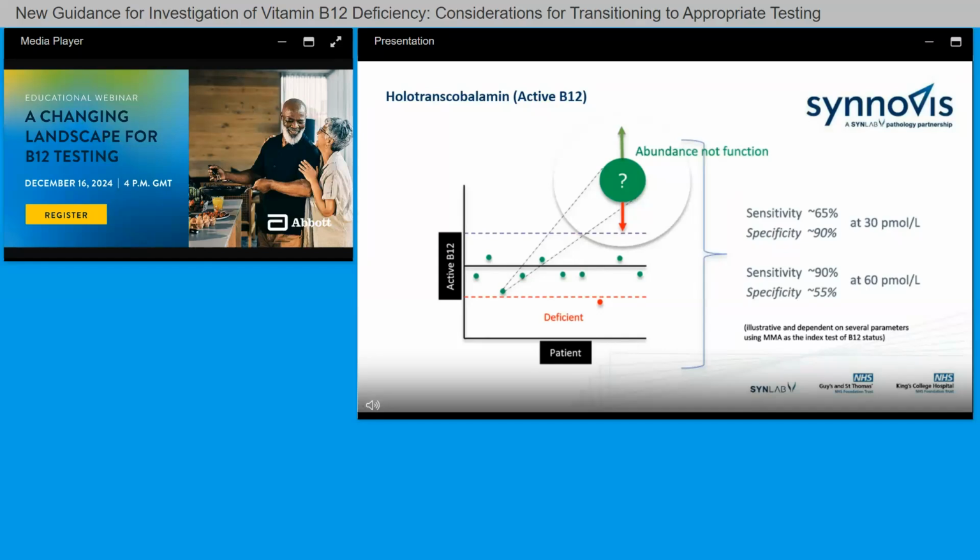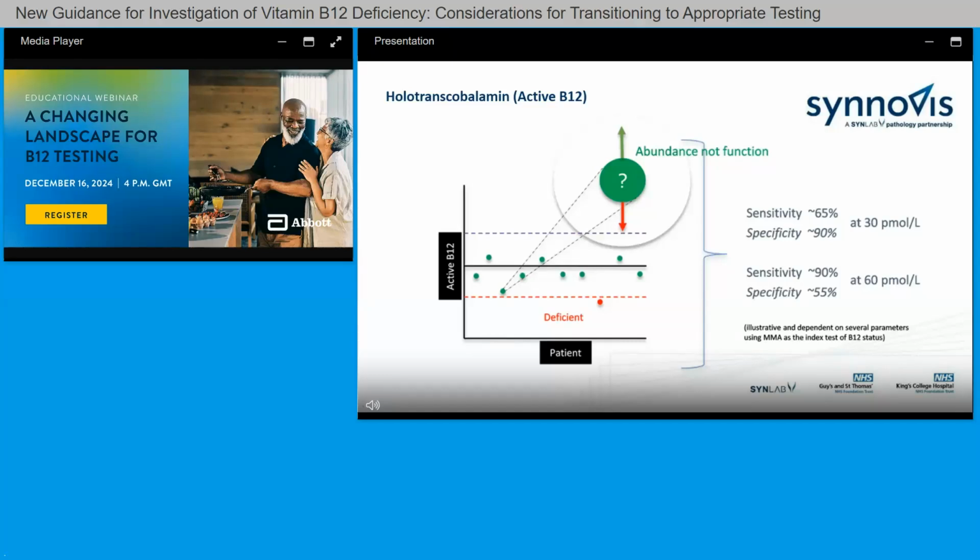If we use a cutoff of 30 picomoles per litre, studies tell us we get a sensitivity of around 65% and a specificity of 90%. If we choose a cutoff of 60 picomoles per litre, sensitivity increases, but we still can't break that relationship between assay sensitivity and assay specificity.